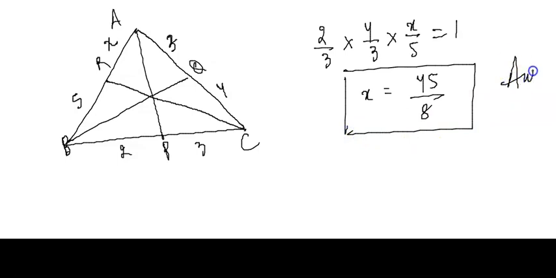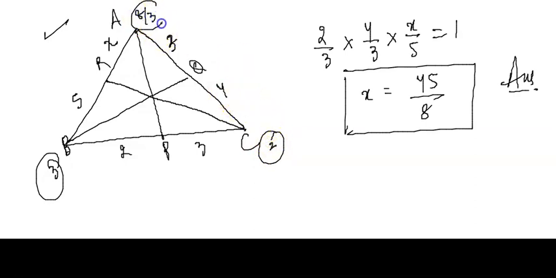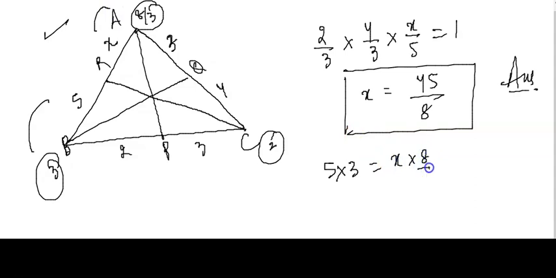This should be your answer using Ceva's theorem. Otherwise, you can use mass point geometry to find this also. Let us try this by mass point geometry. If I take a mass of 3 kg here at B, the mass at C should be 2, and if this is 8, this is 3, so it should be 8 by 3. Now the product of these two, 5 into 3, should be equal to the product of these two, X into 8 by 3.